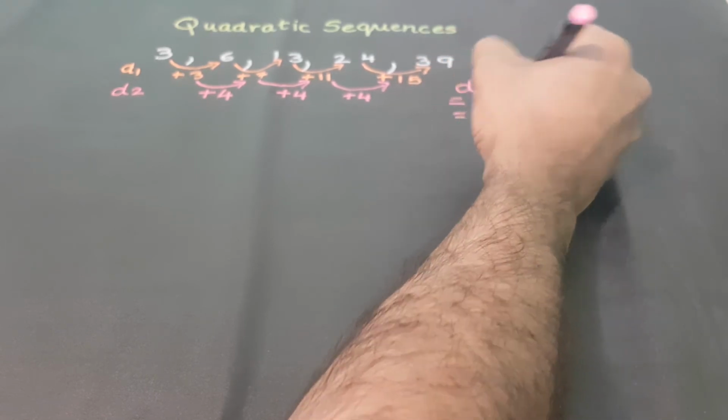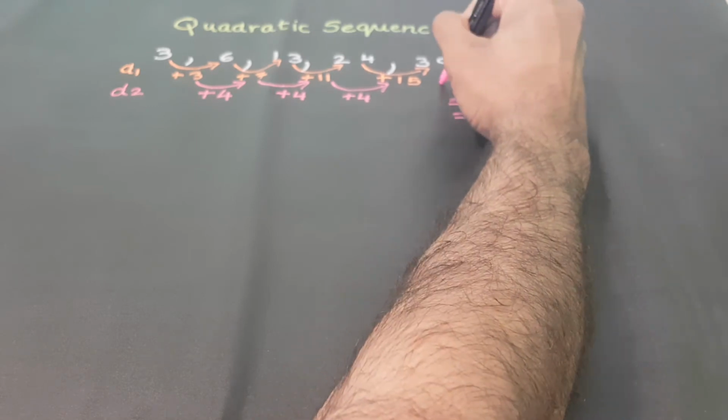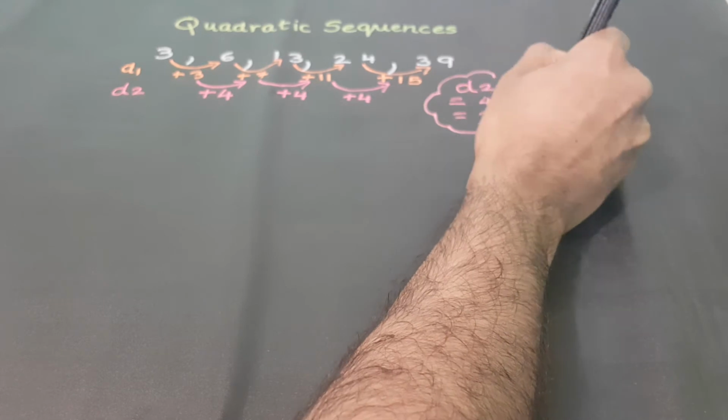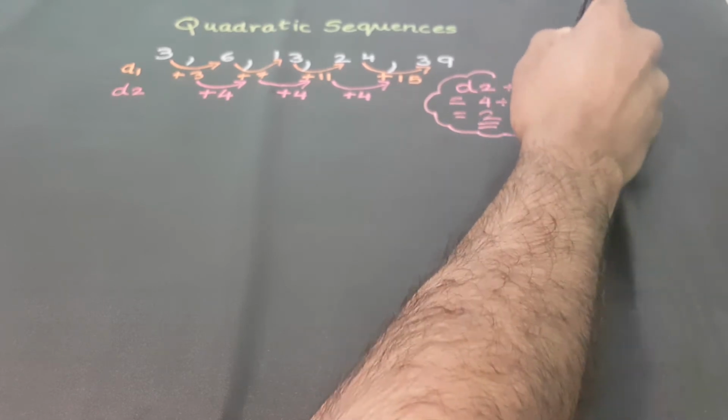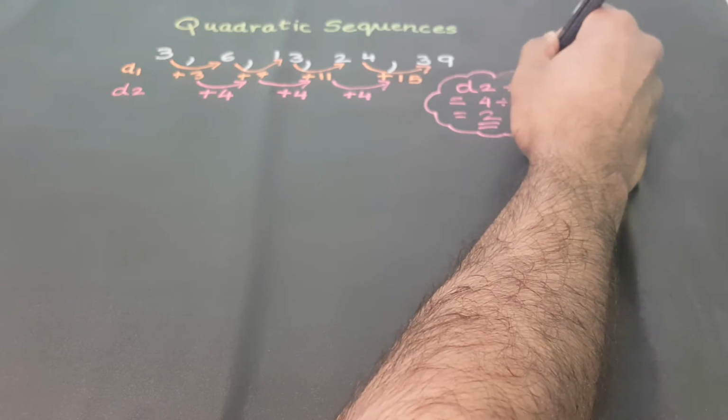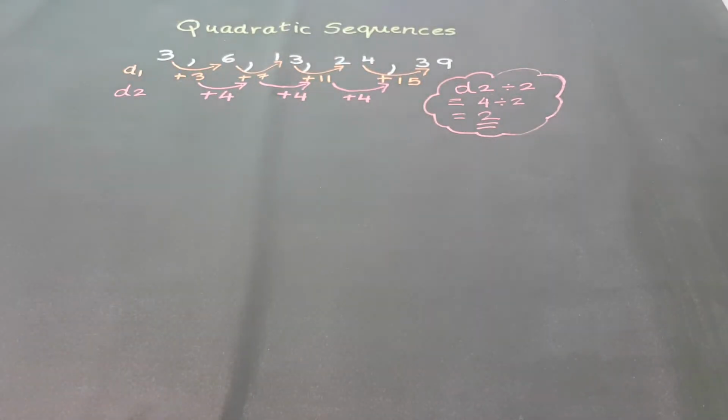Double underline it and put a bubble around this, or cloud, whichever you prefer. Again, just a quick reminder, to ensure we have a quadratic sequence, the second difference needs to be the same every single time.